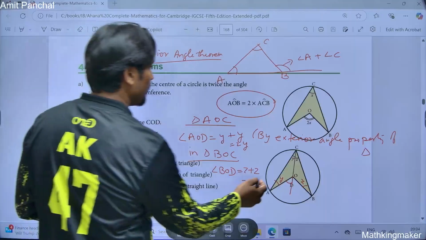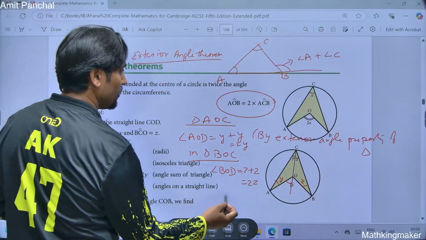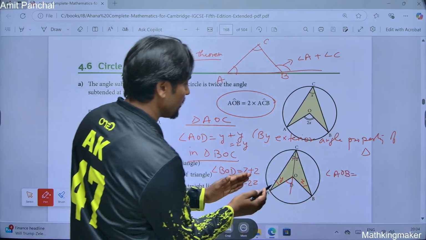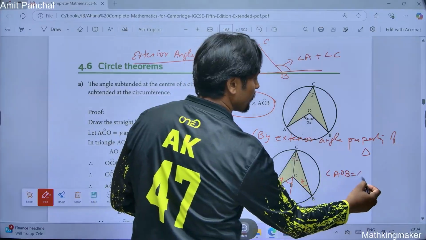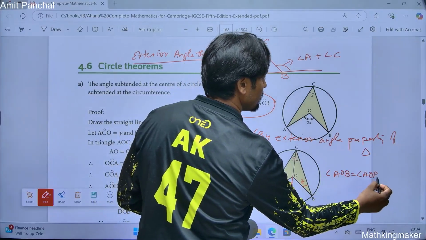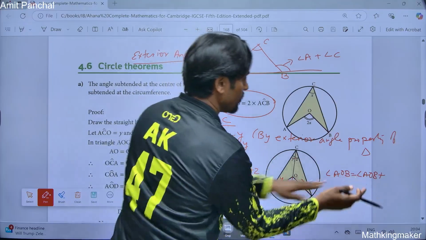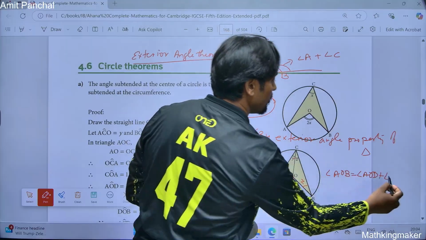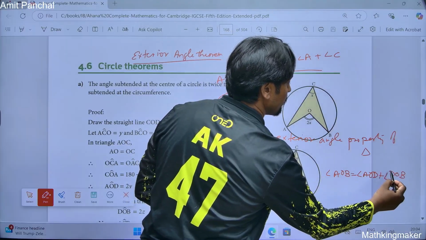So the entire angle AOB is equal to angle AOD plus DOB, isn't it? Just put the values.